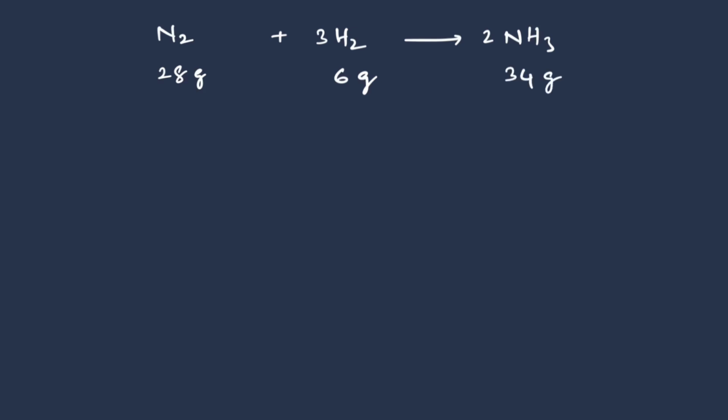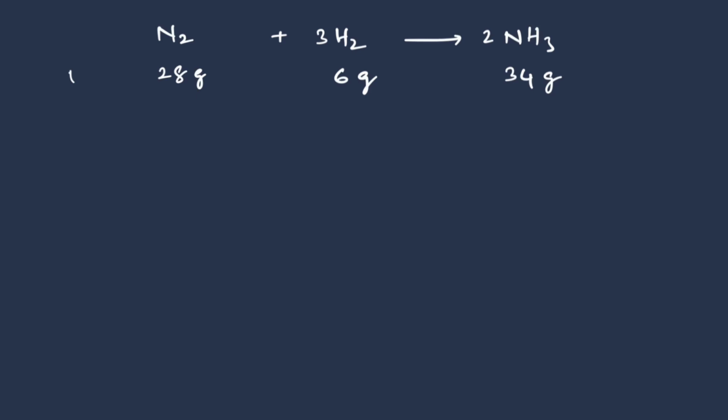Now keep in mind how to calculate in the simplest manner, according to any board level. Now I am taking this same equation, N2 plus 3H2 gives rise to NH3. Given in the equation is this 28 gram, 3 into 2, this is 6 gram, and this is 2 into 1, ammonia 17 gram, this is 34 grams.